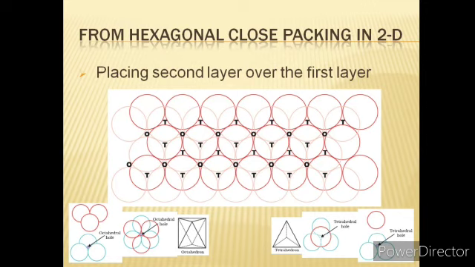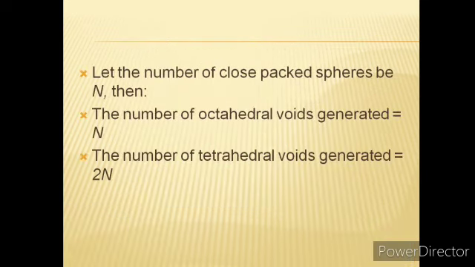This void is surrounded by 6 other particles. If the number of close packed spheres is n, then the number of octahedral voids formed will again be n, whereas tetrahedral voids will be double, that is 2n.